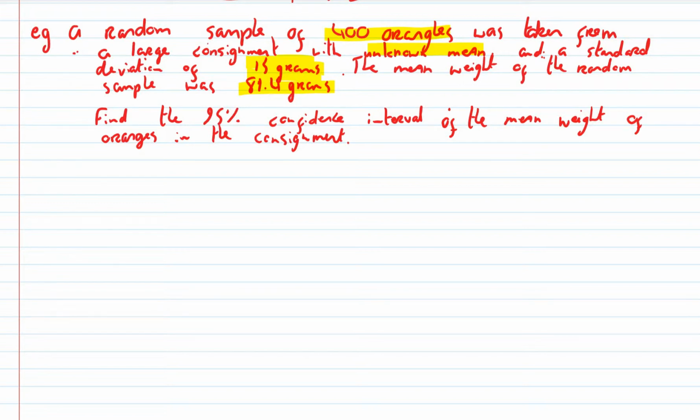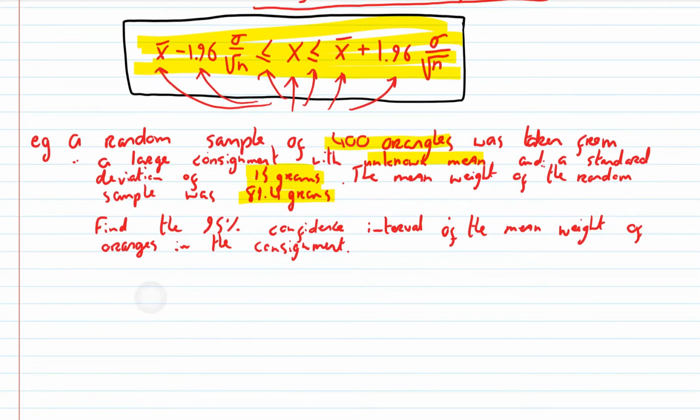So we set up this. The real mean will lie somewhere between the mean we get plus 1.96 standard deviation over root n, and then the mean we get minus 1.96 standard deviation over root n.